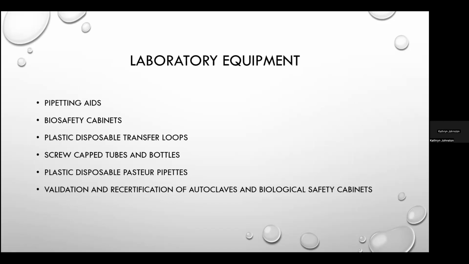Laboratory equipment. It is important that pipetting aids are available to avoid mouth pipetting. There is a need for biosafety cabinets, and these should be used whenever infectious material is handled. Such material may be centrifuged in an open lab if you have sealed centrifuge safety cups, and they are loaded and unloaded in the biological safety cabinet.